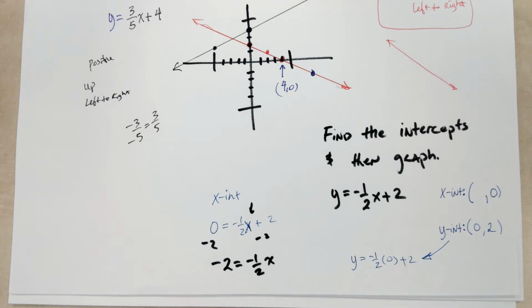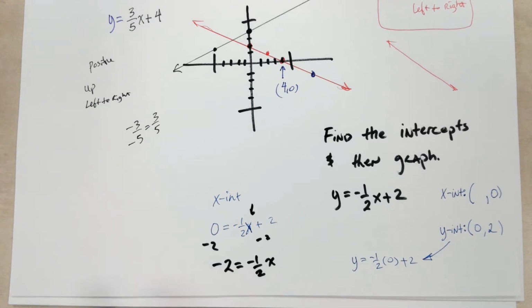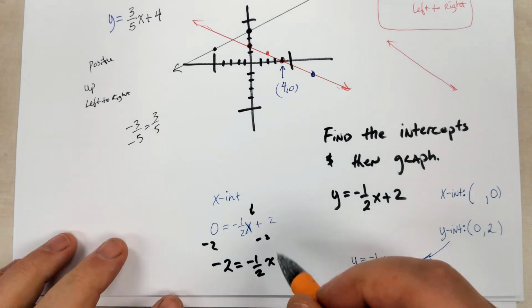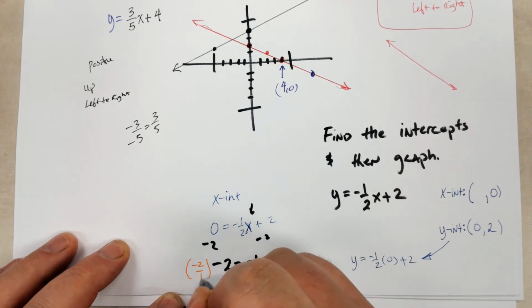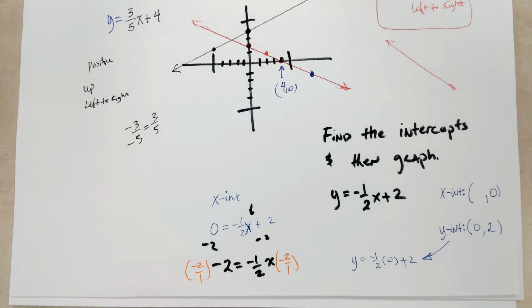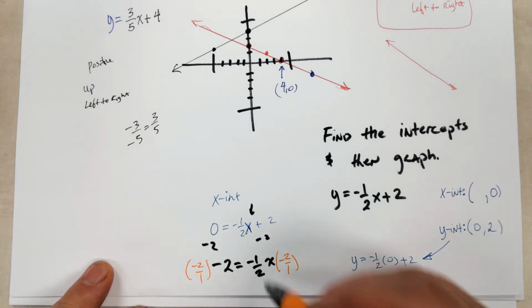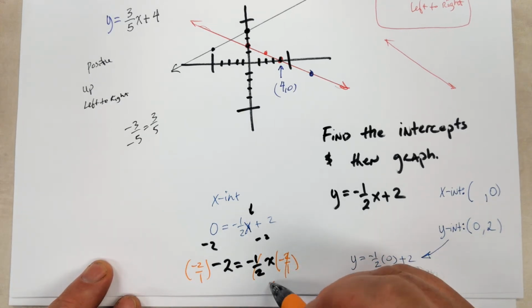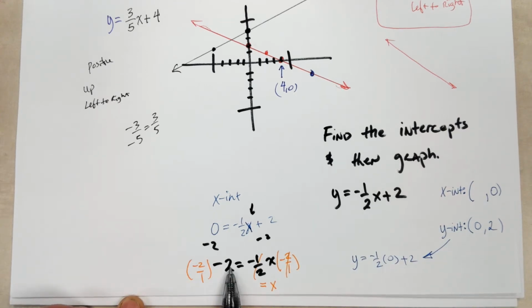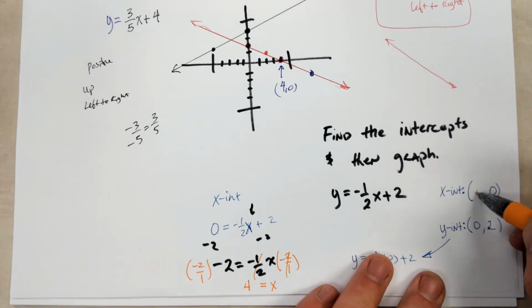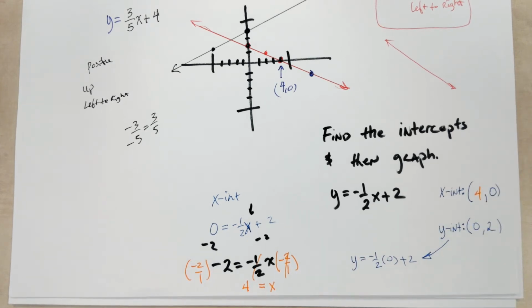Then all you have to do is multiply by the reciprocal, so you multiply both sides by negative 2 over 1. Because 1/2 times 2 cancels, and a negative times a negative is positive, you're left with just x. Then negative 2 times negative 2 is 4. So your answer was 4, 0, which we see right here.